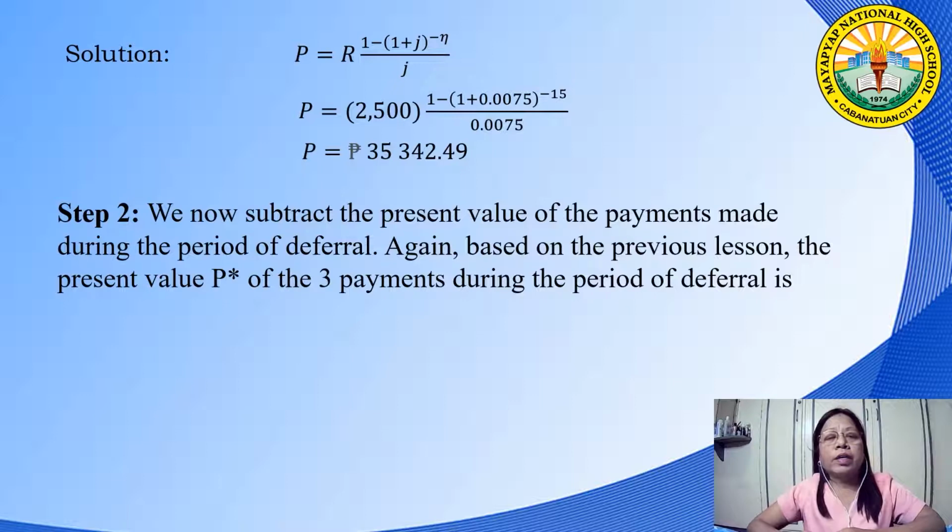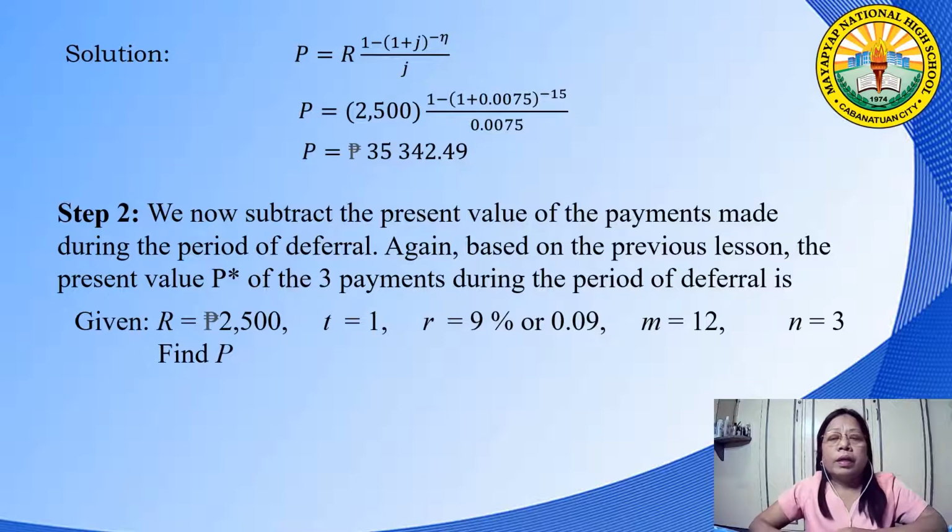So then for step 2, we now subtract the present value of the payments made during the period of deferral. Again, based on the previous lesson, the present value P of the 3 payments during the period of deferral is given: R equals 2,500, t is 1 year, r equals 9% or 0.09, m is 12, and n is 3.